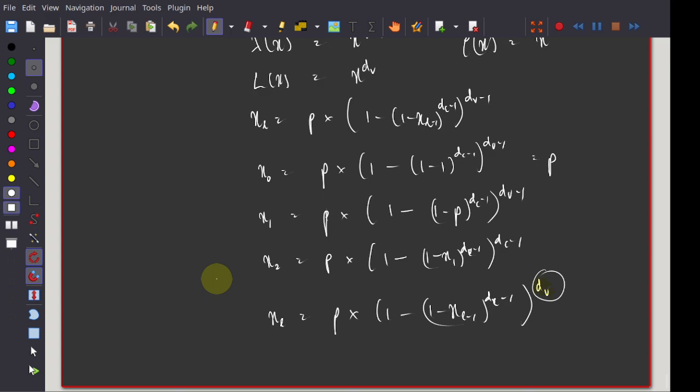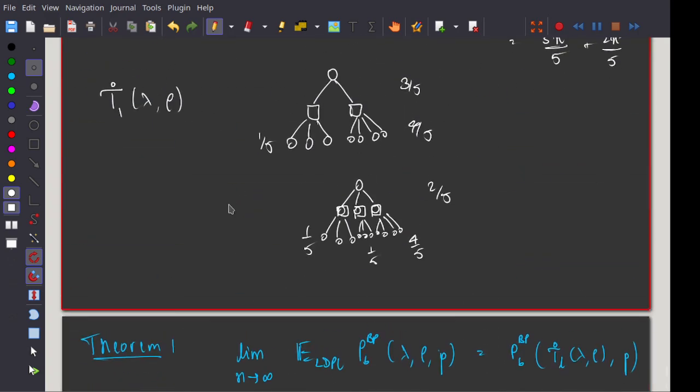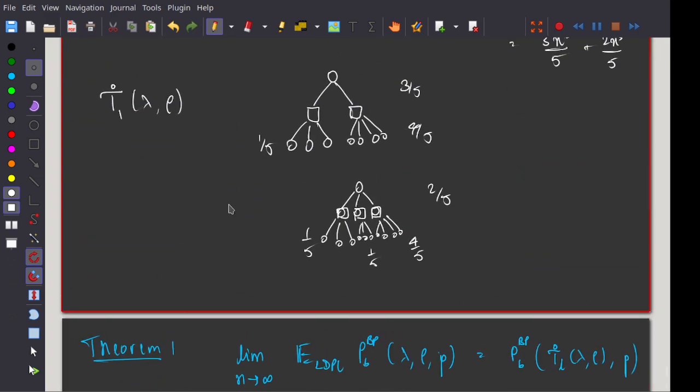Any question? Correct. So the edge perspective essentially gives you the probability. Essentially, what you're tracking here is the probability of a particular edge or a node being in erasure.